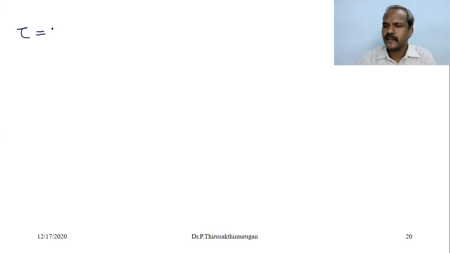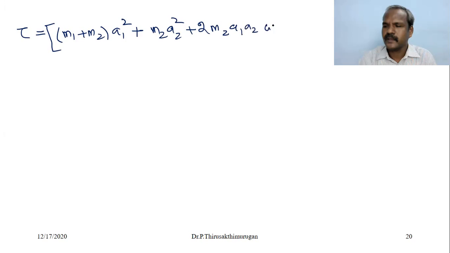Tau equal to m1 plus m2 a1 square plus m2 a2 square plus 2 m2 a1 a2 cos theta 2, of theta 1 double dot.